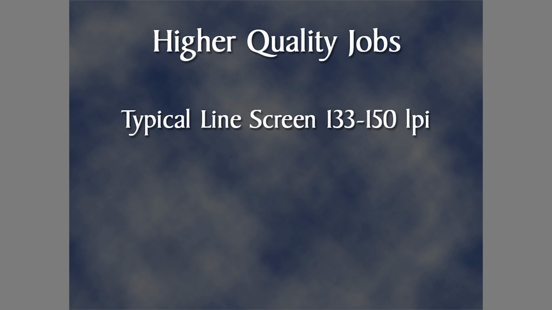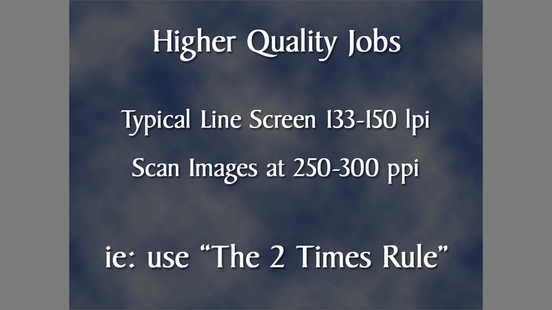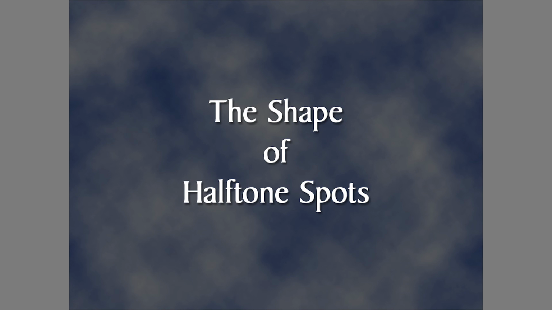Higher quality jobs such as annual reports or glossy magazines are typically printed on 133 to 150 LPI screens. For these jobs, it's best to follow the 2 times rule and supply higher resolution images between 250 and 300 pixels per inch.